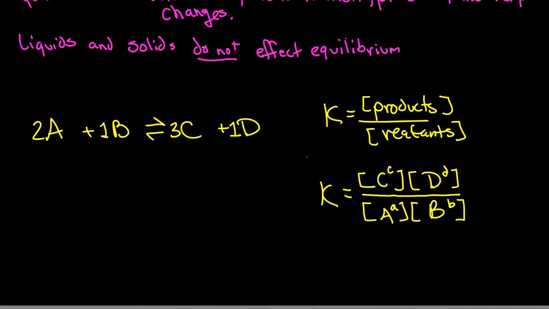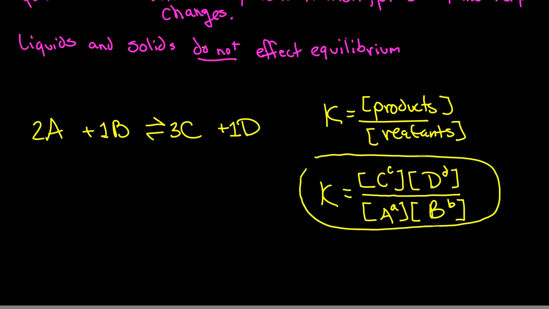So this formula is the formula you should keep in your notes, because this formula is more of the formula we use to derive the actual formula. So you can keep this one if you want to, but the real formula you want is the concentration of C and D over the concentration of A and B, and then you can manipulate it in your work as you go from there.